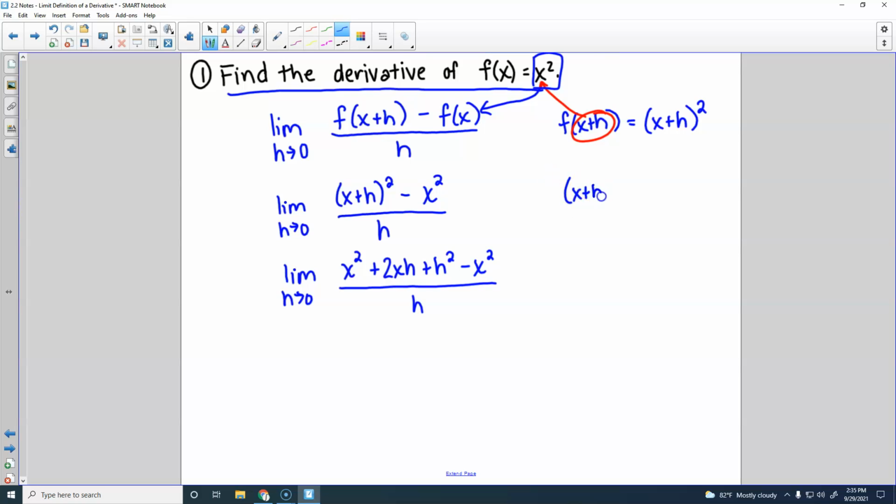The other way to do it would be to write that twice and distribute. Or you can square, double, square. Whenever I say that, to square the first term gives you your x squared.